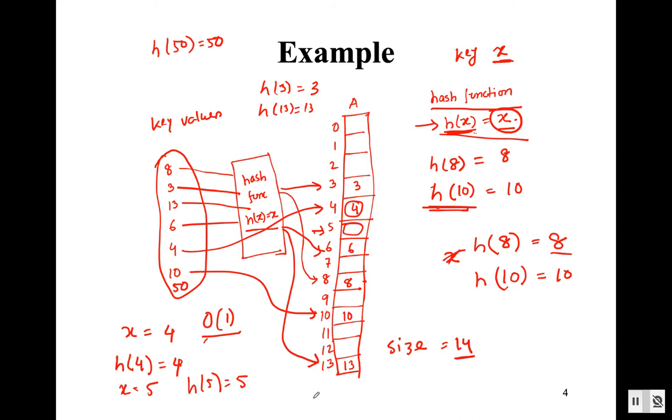That means I have to increase the size of the hash table, and in index 50 insert the item 50. All the other space from 14 to 49 will remain unused.